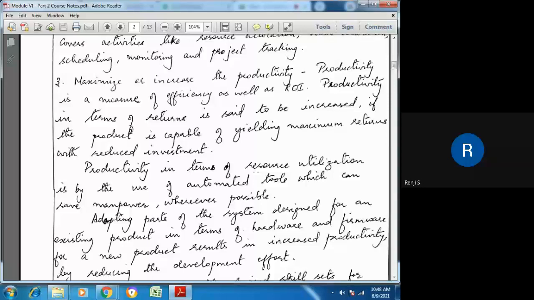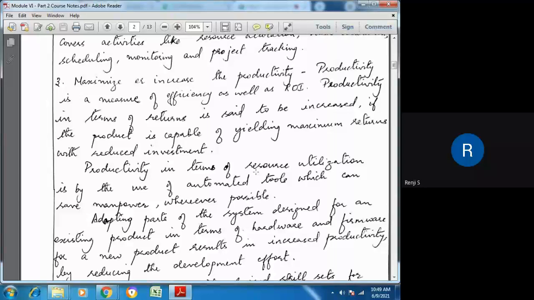If the product is being sold in the market and a lot of people are buying it, then there will be a huge gain, and this in turn will yield maximum returns. And the investment may be less, because once they are getting a high ROI, the manufacturing company just needs to follow their existing design and produce new products instead of investing more in that particular product.